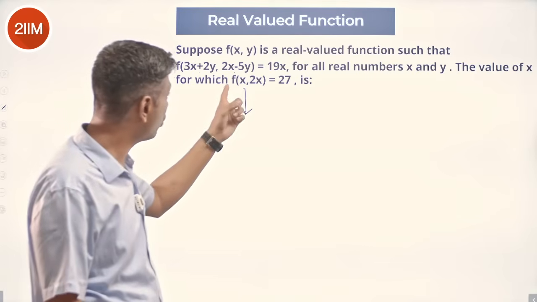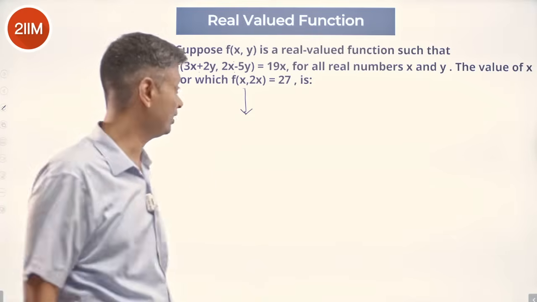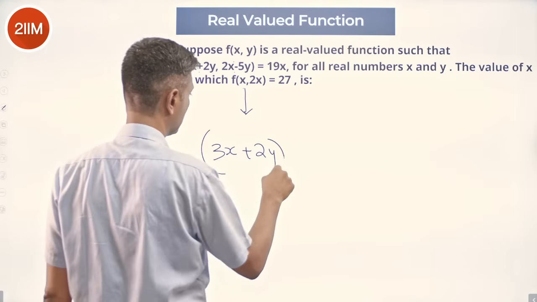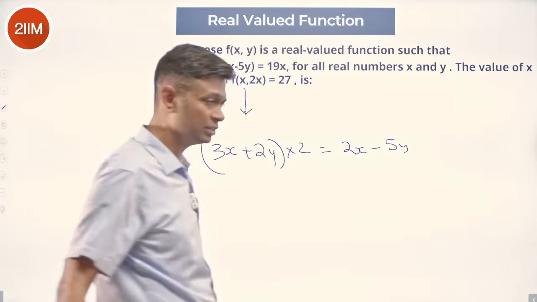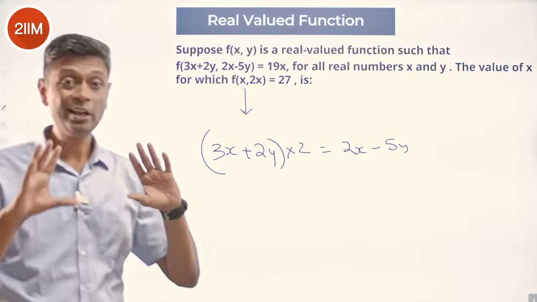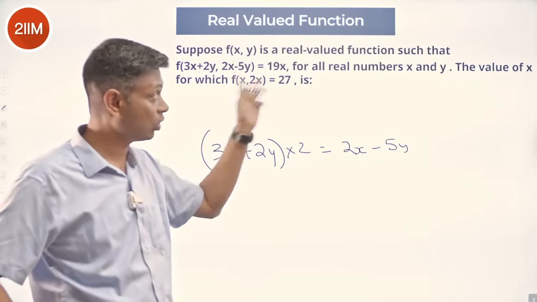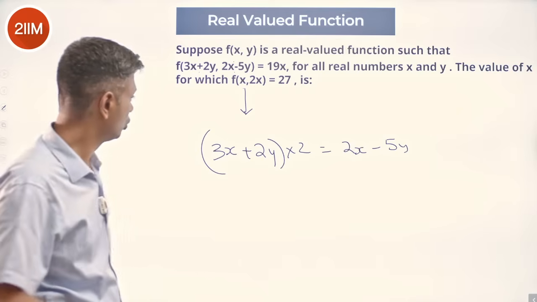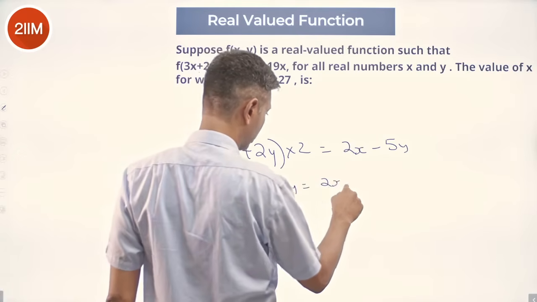If I can make this 1:2 condition satisfied here, I'll forget everything else: 3x plus 2y, into 2, equals 2x minus 5y. If I can make this work, then this is of the form f of k comma 2k. Then I can substitute 19x, solve for this, get everything going. Fine, convoluted method, but let's approach this. So 6x plus 4y equals 2x minus 5y.